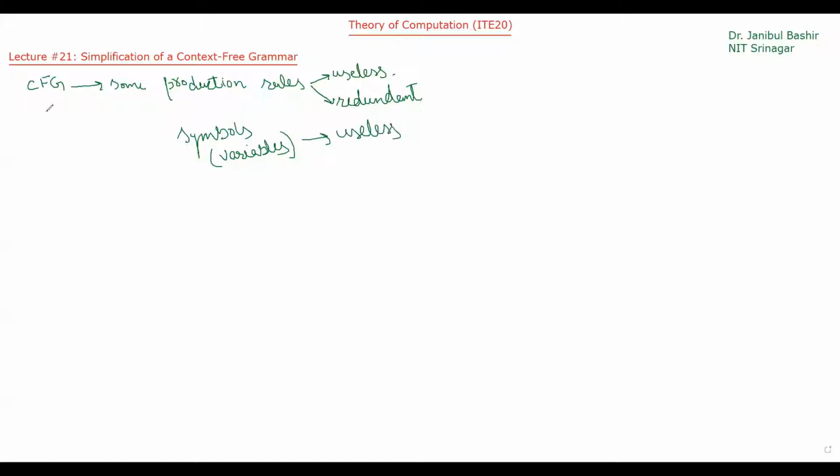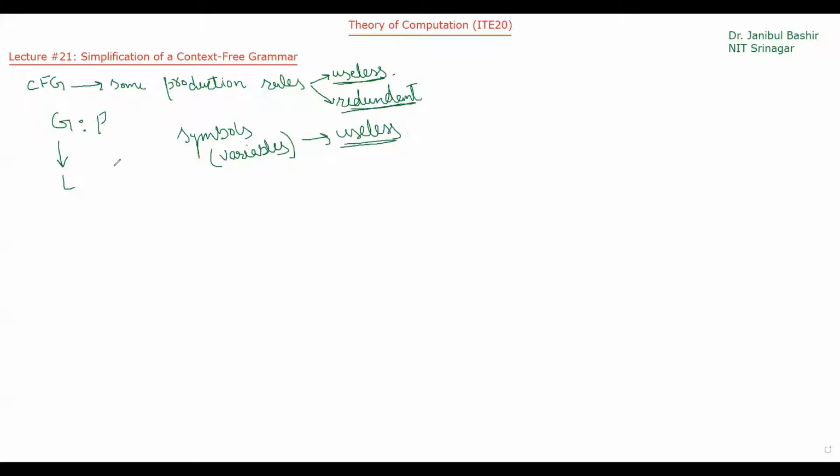Okay. So if we have a grammar G, and in this grammar there are production rules, and this grammar is generating a language, let's suppose L. Now in this grammar, in these production rules, we want to remove these useless rules, these redundant rules, or I can say useless symbols.